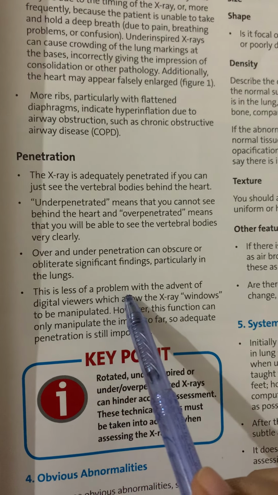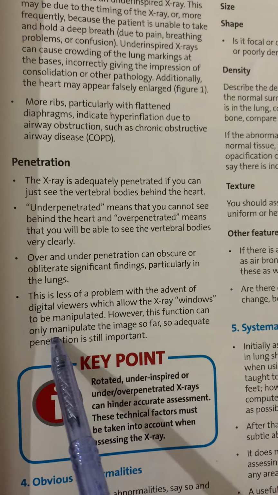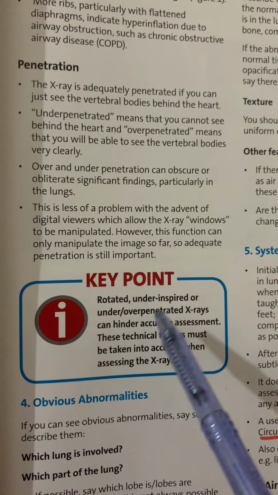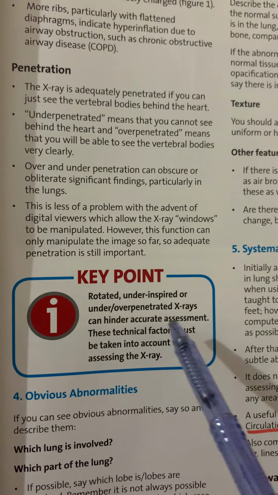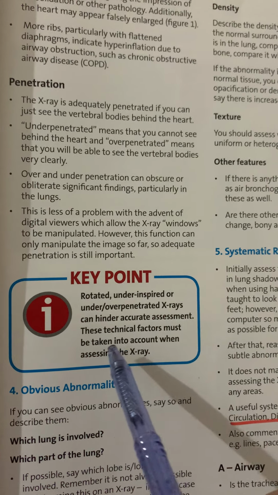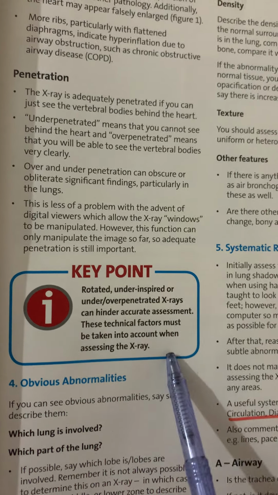This is less of a problem with the advent of digital viewers, which allow the X-ray windows to be manipulated. The key point is rotated, under-inspired, or under or over-penetrated X-rays can hinder accurate assessment. These technical factors must be taken into account when assessing the X-ray.